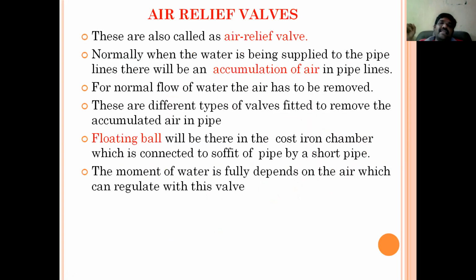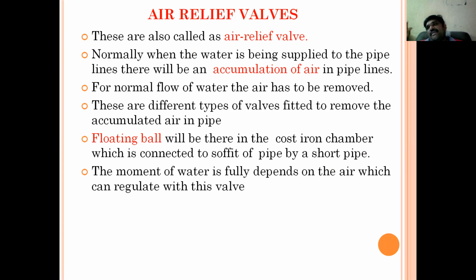The third one is air relief valves. What is it releasing here? Air. See here, normally when water is being supplied through the pipelines, there will be an accumulation of air. Sometimes you may hear the sound of air releasing.